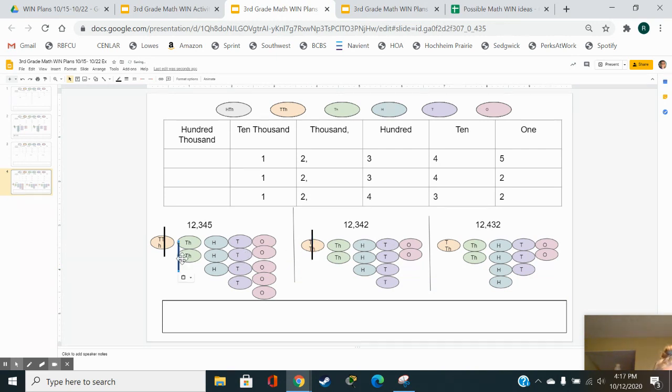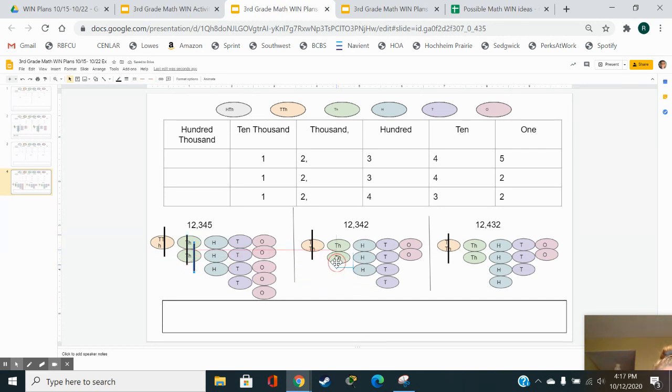And then once I figure that out, I can just start deciding which number is greater and which number is less. So now I'm going to look at my thousands place because that's my next place if I'm going from left to right. So then I have 2,000s, 2,000s, 2,000s. Well, that's great, but they are all the same, so that still doesn't really help me. So I'm going to go ahead and cross them off.